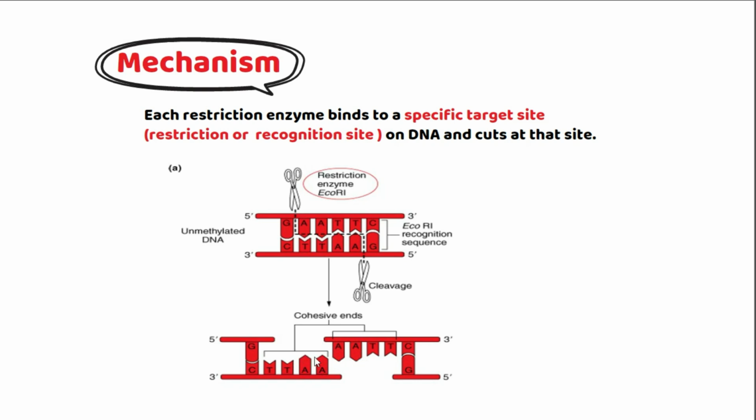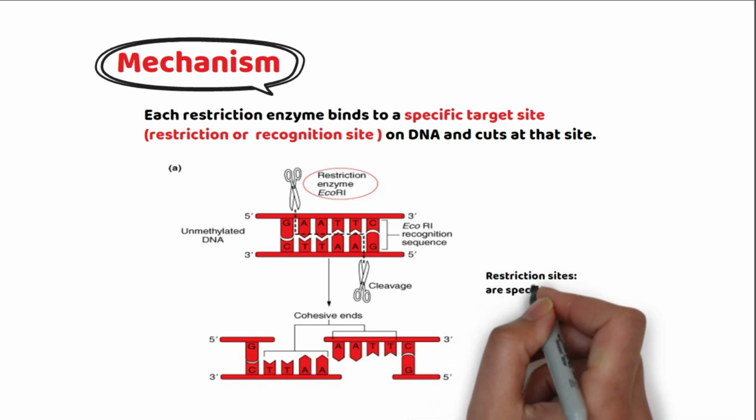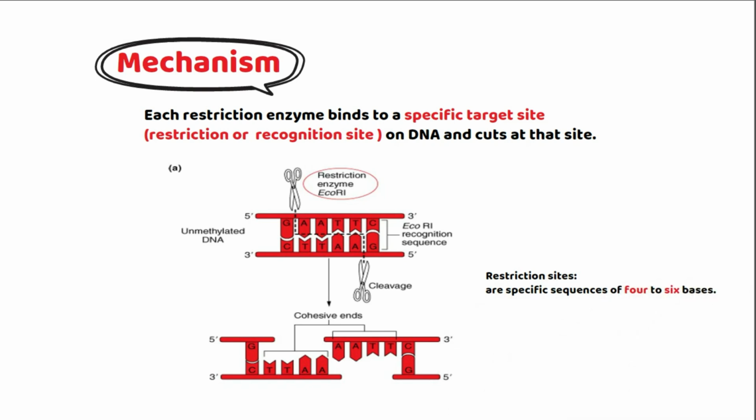This part can adhere by complementary base pairing to DNA cut with the same enzyme. Restriction sites are specific short sequences of DNA, ranging from 4 up to 6 bases. Here, 6 bases in this example.